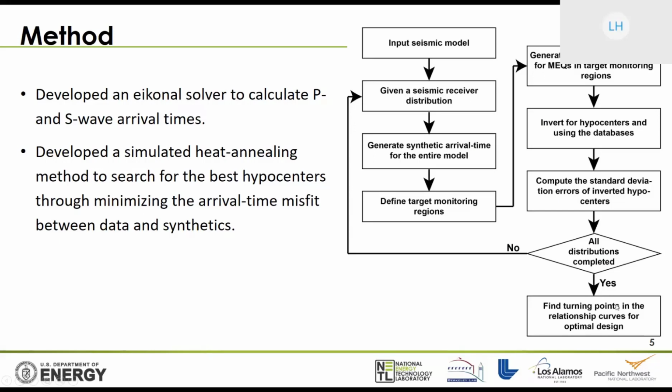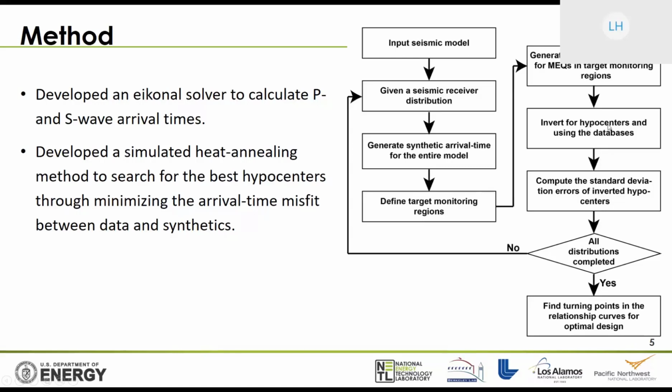So here we show a flowchart of the approach. The idea is to input a model, and then give a source and receiver distribution, and then generate synthetic arrival times for the entire model, and define target monitoring regions in this model, and then generate synthetic arrival times for microseismic events in the target monitoring region.